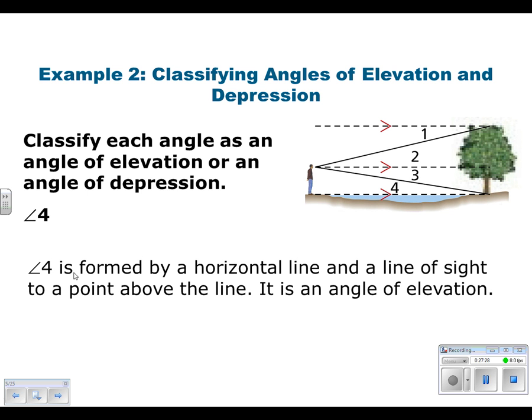Now we have the answer. Angle 4 is formed by the horizontal line and the line of sight to a point above the line, so angle 4 is an angle of elevation.